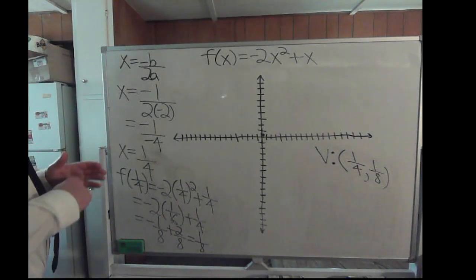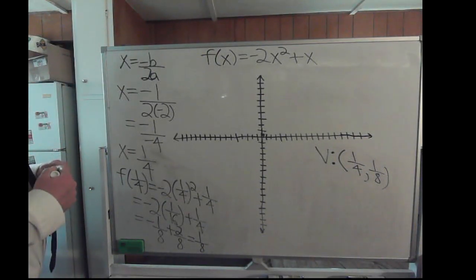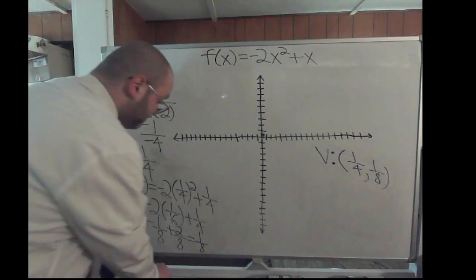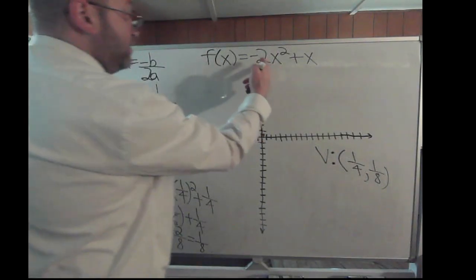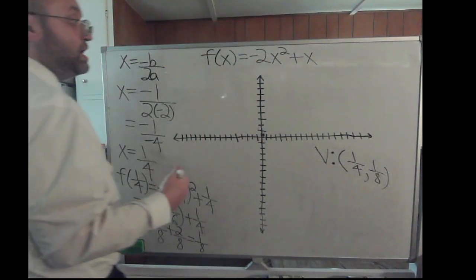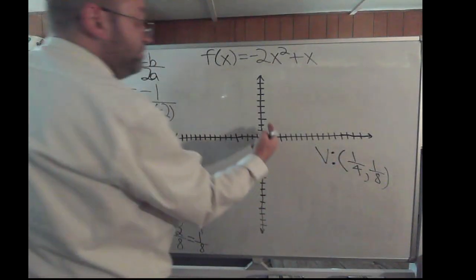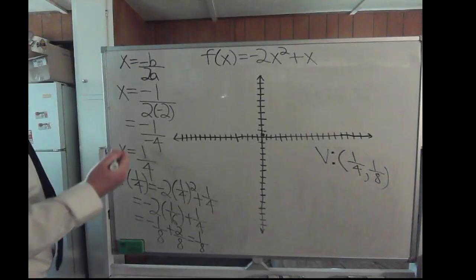Alright, now let's pick a couple points here to plot, to bring this parabola into fruition. Also, since this graph opens downward, because we have a negative coefficient on the x squared term, that value of 1/8 will be the maximum value of the function.